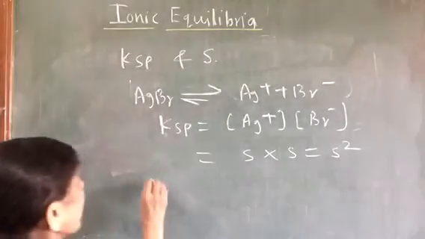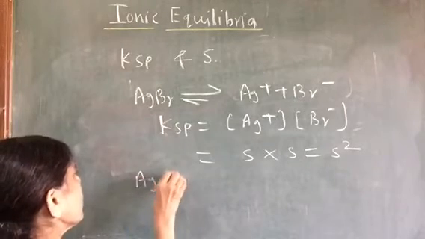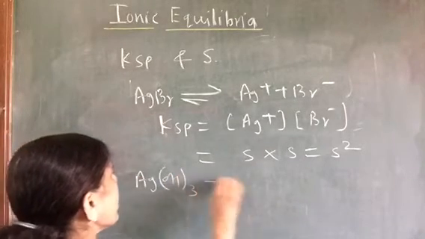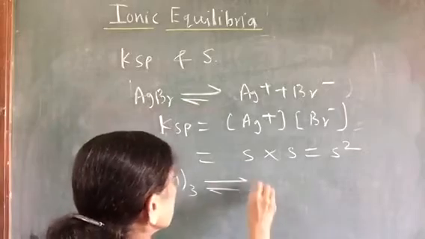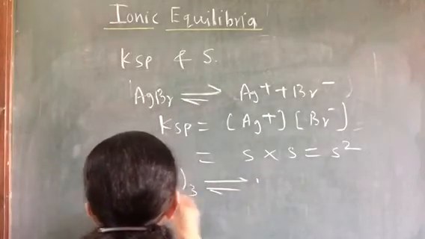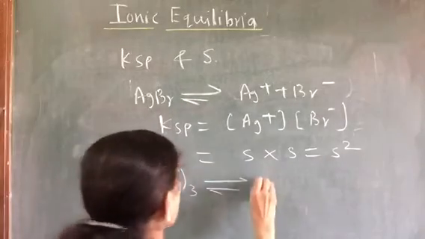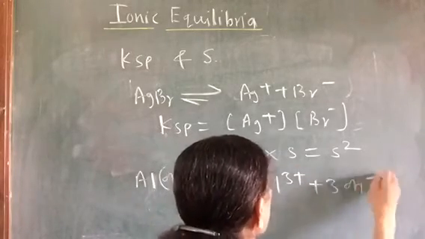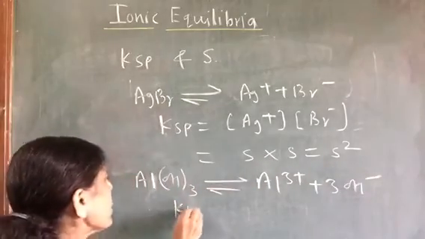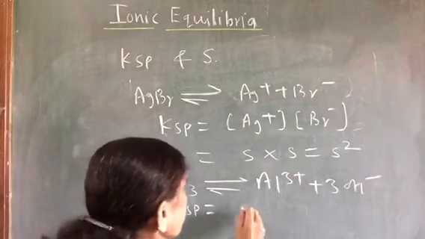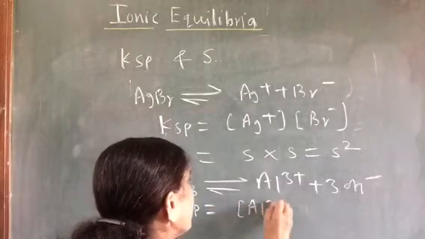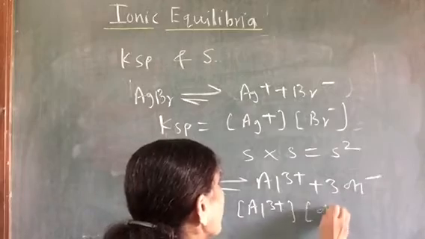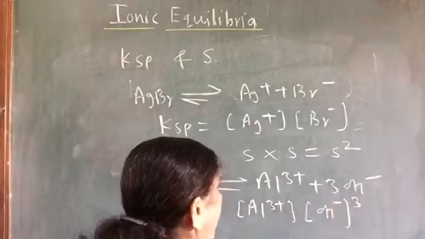One more example we will take, Al(OH)3. Again, this is a sparingly soluble salt. So it will dissociate to form Al3+ ions plus 3 OH- ions. KSP will be equal to Al3+ into OH- raised to 3.